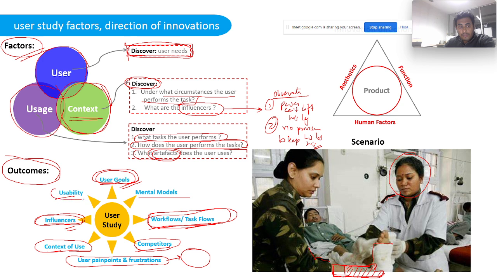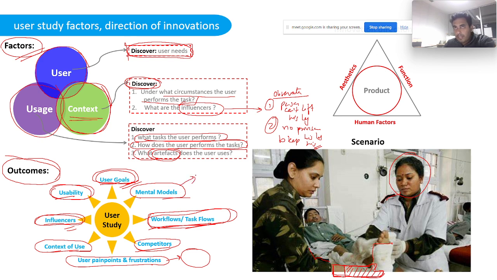You also can identify various usability issues based on what they are using for a particular procedure. And you also can get information about a particular mental model, like what the expectation of a user is.